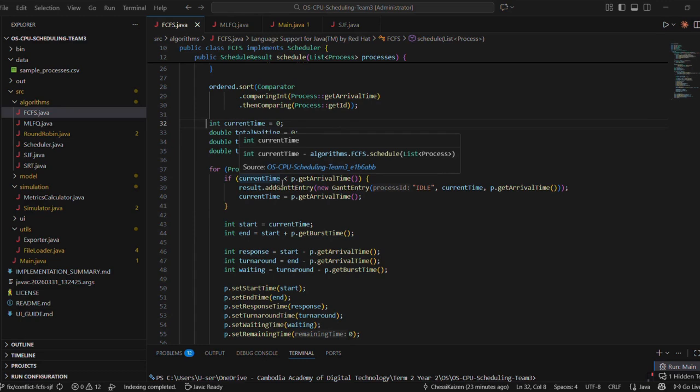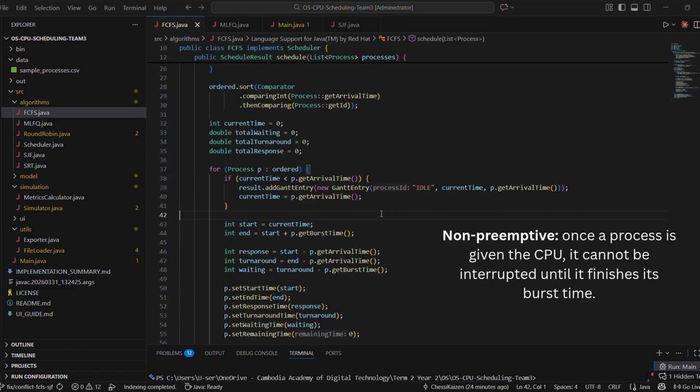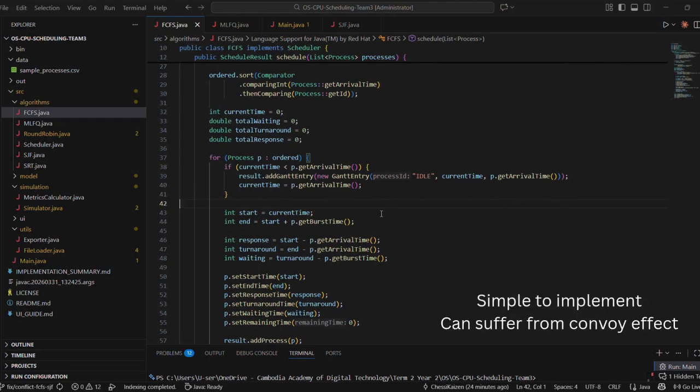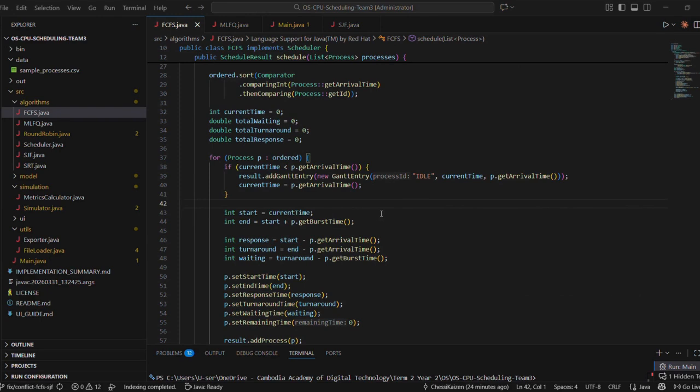If the arrival time is smaller, I add it into the Gantt chart. And I do the same until I finish all the processes. Since first come first serve is non-preemptive, each process is executed until it is finished, then it moves to another process. So there is no set amount of quantum time, and there is no interruption in each process.